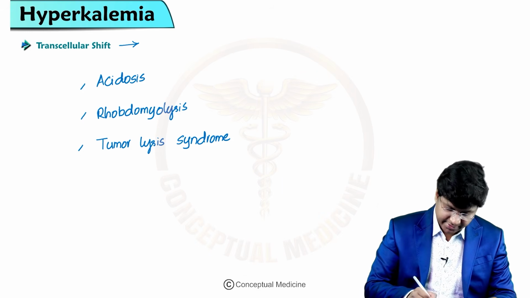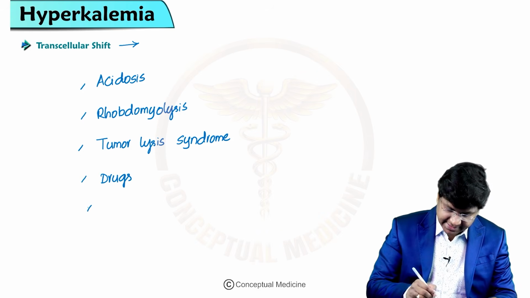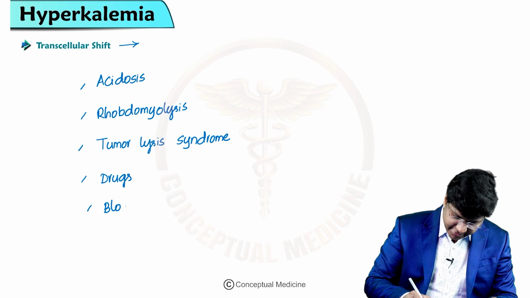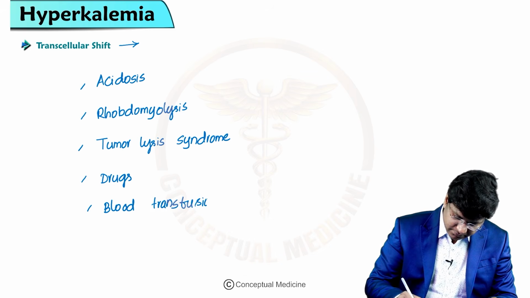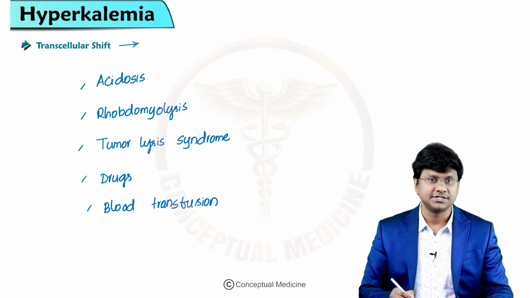Number four, drugs. I'll give you the mechanism of how these conditions will cause transcellular shift. And lastly, massive blood transfusion. So these are all the conditions which will cause the transcellular shift.